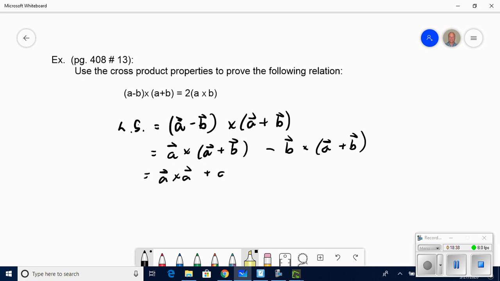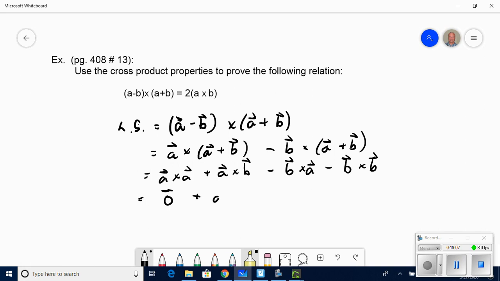Plus A cross B, and that'll be minus B cross A, and then minus B cross B. A cross A is just, oh no, sorry, that was for dot product. A cross A, we just saw in our properties, is 0.